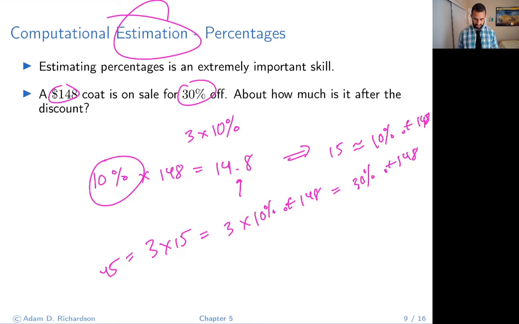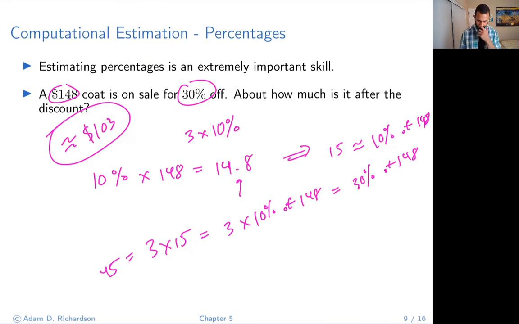So it's $45. So $45 is 30% of 148. How much is the coat going to be after the discount? About $100, about $103. So I'll say about 103. That's the answer. About $103.